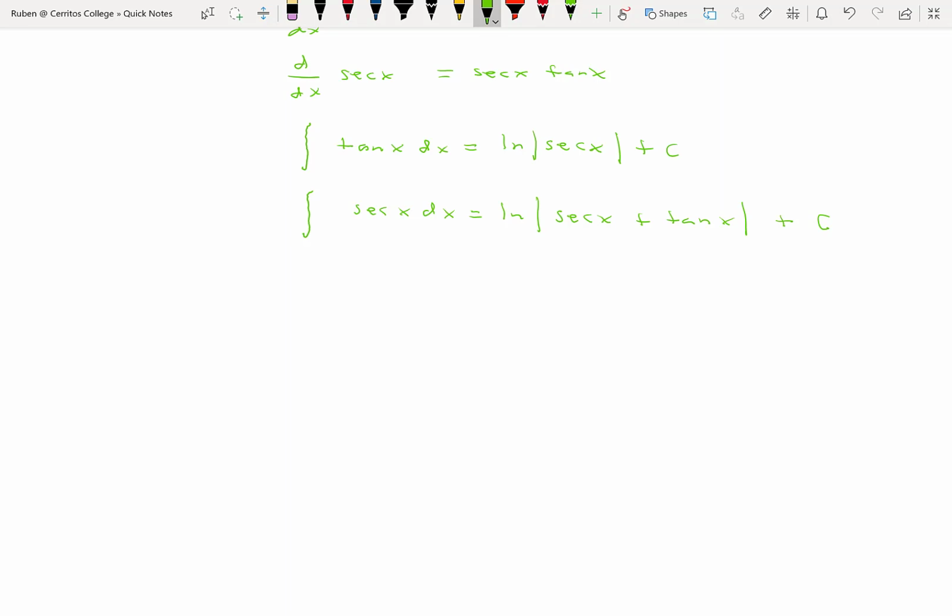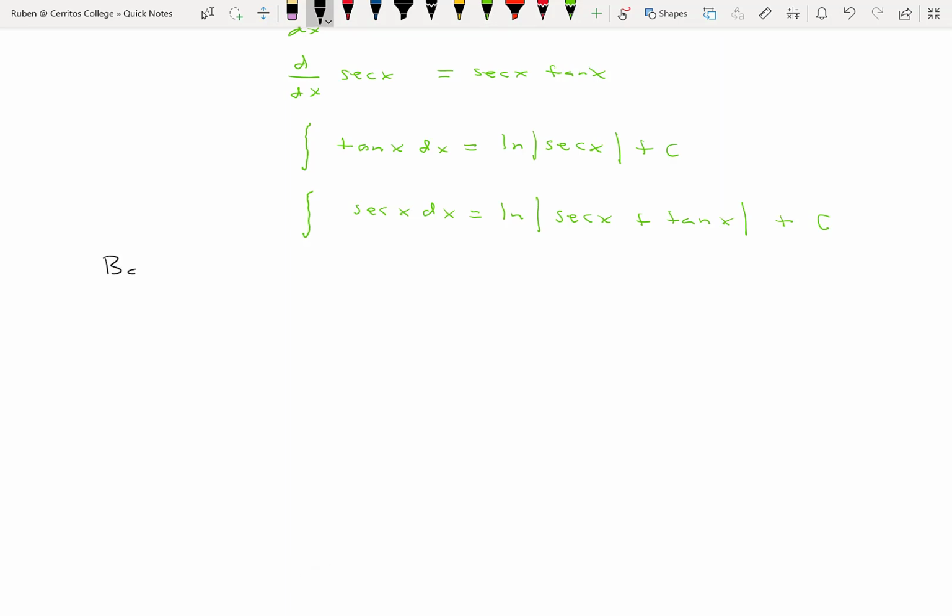If you're interested in how it's done, you can check out the textbook in section 7.2. Your author does this as an example. I won't ask you to integrate the secant of x. If you end up with an integral that breaks down into the secant x, you simply reuse this formula.